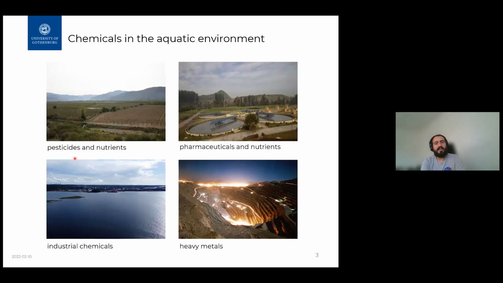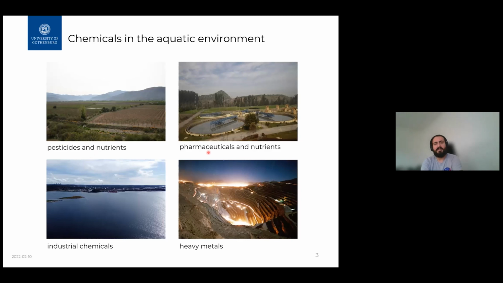Unfortunately, one of the consequences of societal development is the release of chemicals into the environment, and particularly the aquatic environment. For instance, pesticides enter rivers or streams through runoff from agricultural areas.